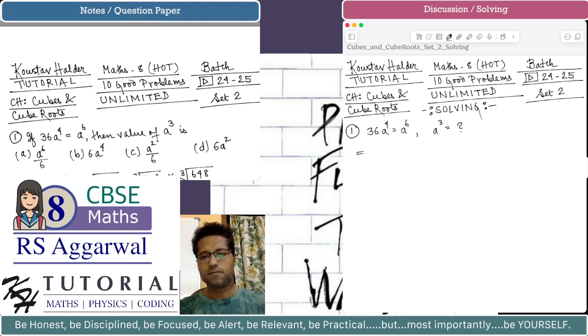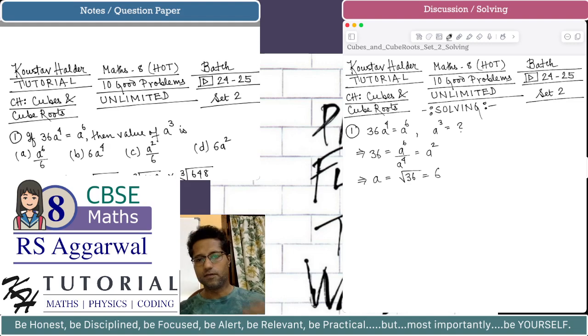This implies that 36 is equal to a to the power 6 divided by a to the power 4, which is equal to a square. Now this definitely implies a is equal to square root of 36, which is 6. So we can easily find the value of a, which is 6.